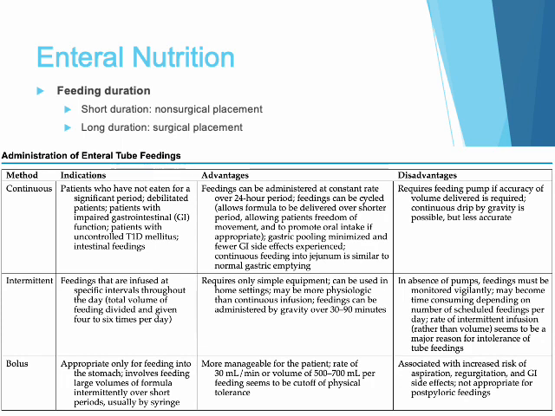The advantages of this is that the feeding is administered at a constant rate over a 24-hour period, and this will allow formulas to be delivered over shorter periods, and patients have more time to move, and it promotes oral intake when appropriate. But the disadvantages is that the feeding pump has to be accurate, and there's going to be a continuous drip by gravity if possible. But this is also less accurate than the pump.